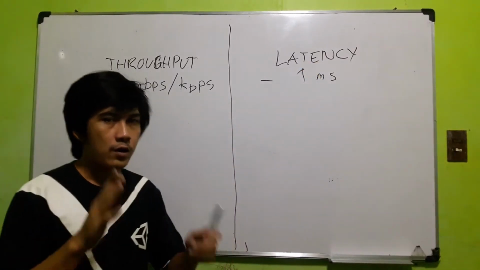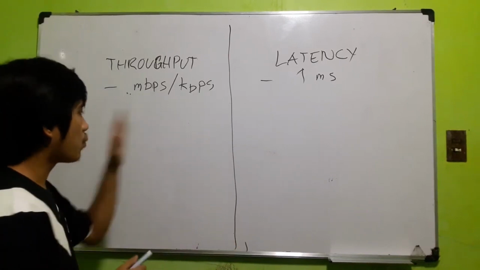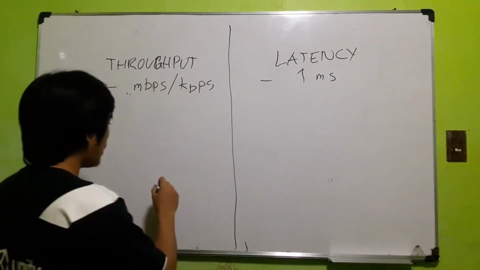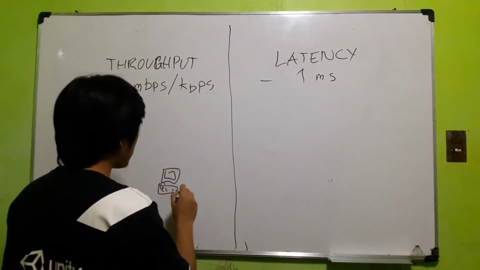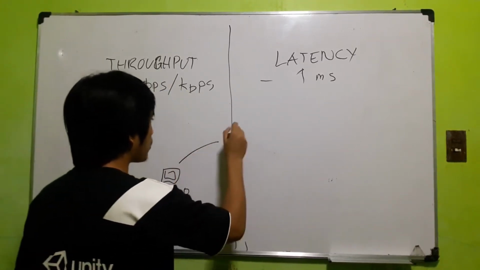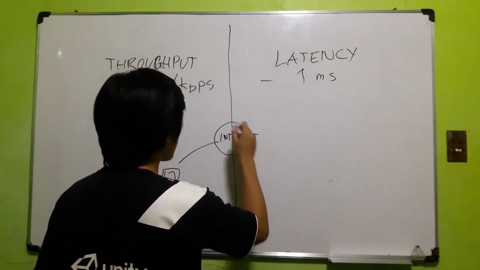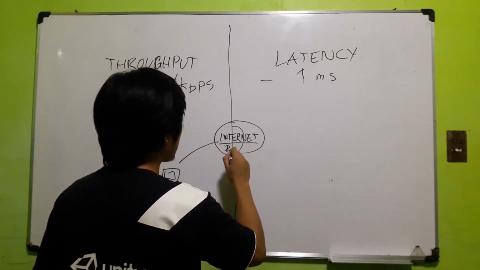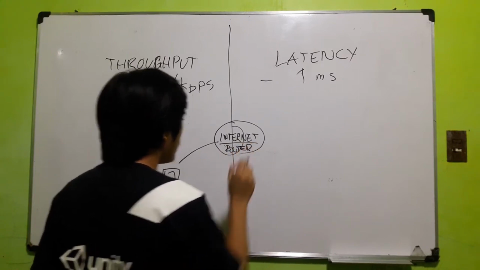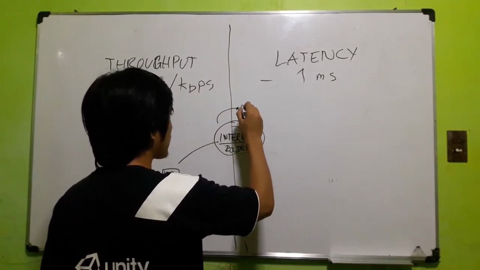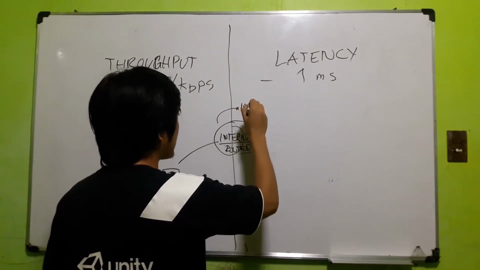So before we discuss both of these topics, we should know how this works. For example, we have a computer here and we are connected to what we call the internet, or maybe a network or a router. If the network is offline, it is called an intranet.